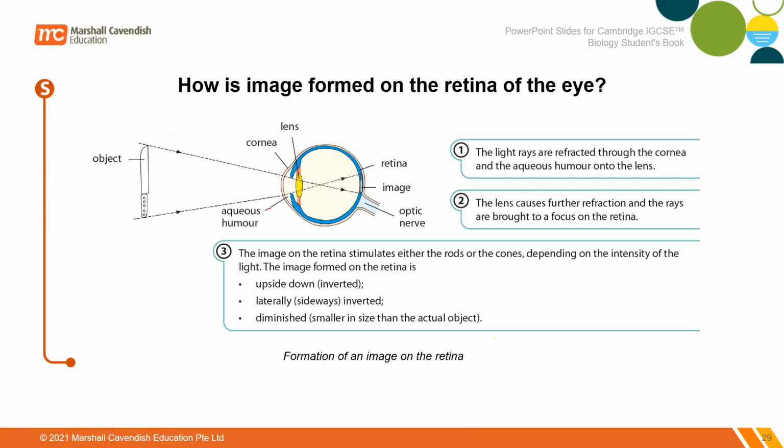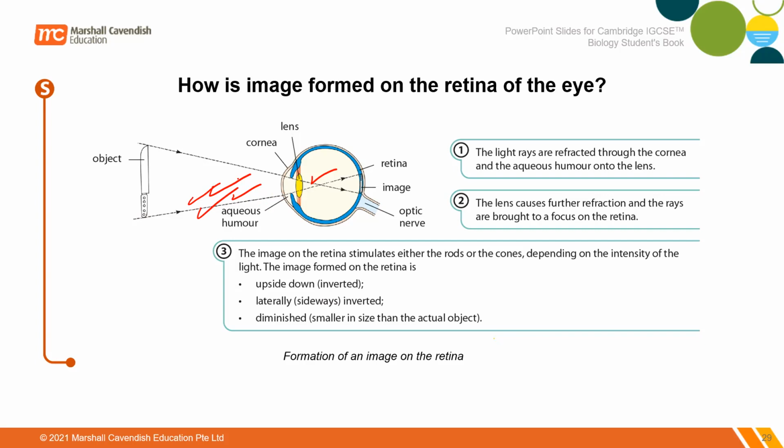Refracted means, as you studied in physics, movement of light rays in between two different media. Here we have aqueous humor, so we have liquids, and this is the atmospheric air, so movement will be from the air to the liquid part, so there are two different densities.